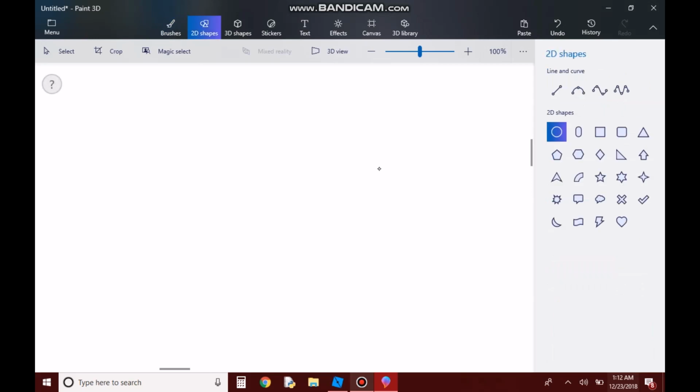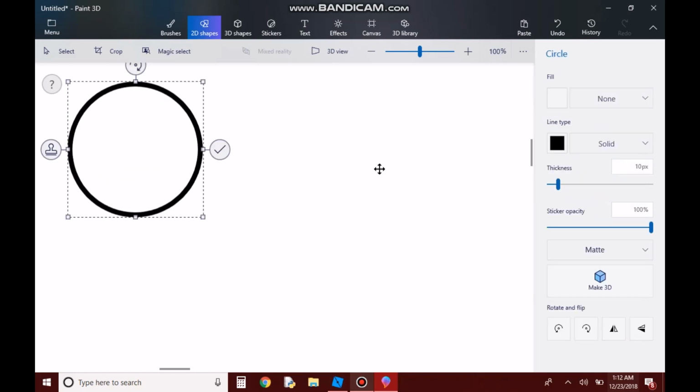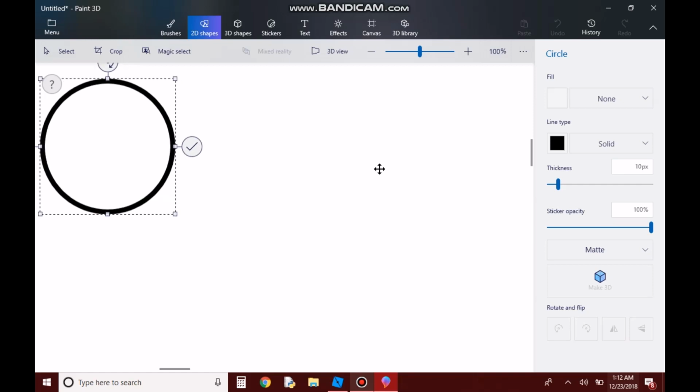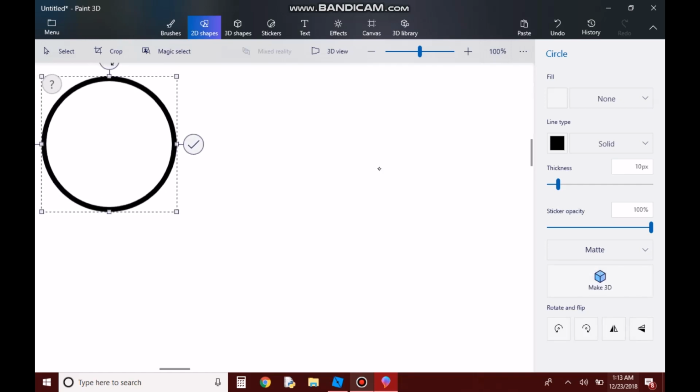Alright, so when you're dealing with two vectors in 3D space, let me make a circle. I'll move that right there. Okay, hold on.